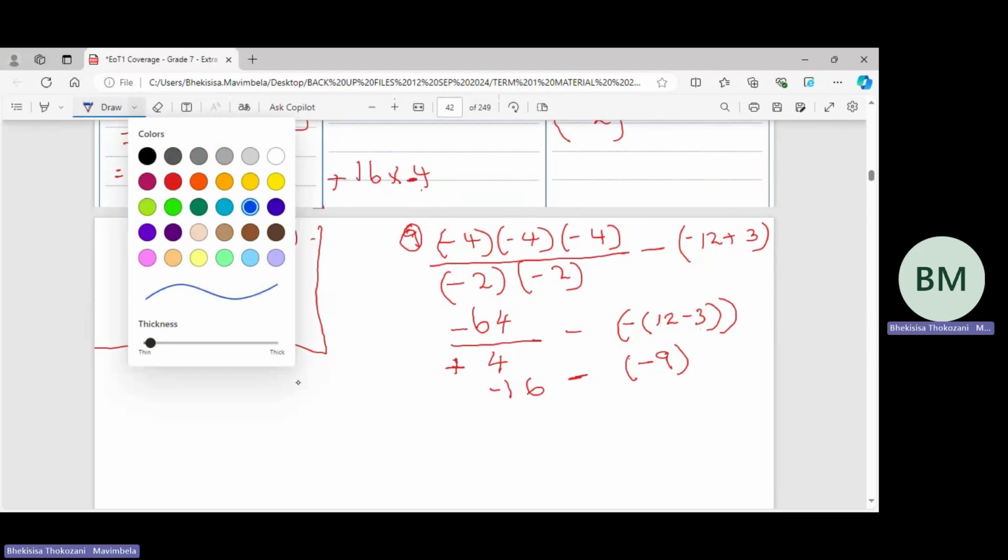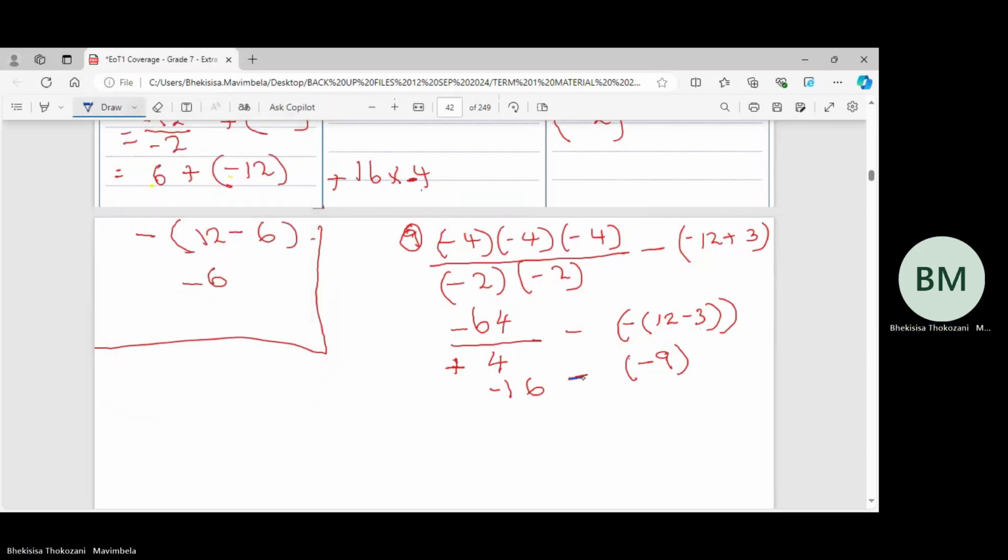So the rule is, especially for this part where you see minus 16, when you see this negative or subtraction, you must now use that rule: K for keep, C for change, F for flip.